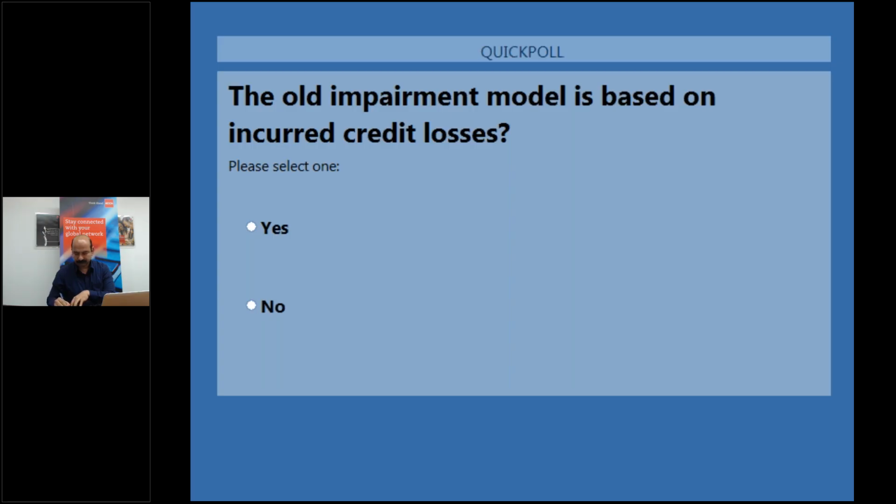Okay, we have only a few seconds left now. I'm going to close this poll, so you have to submit your answers right away.